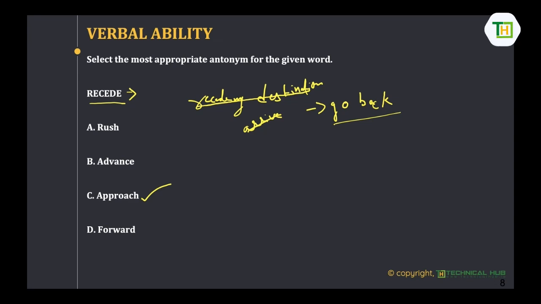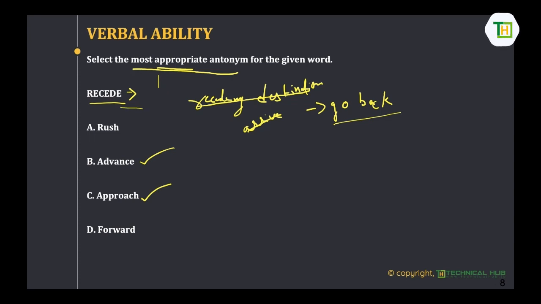Yes, Ravichandra, as you tell, advance is also an advanced word. To be honest, advance is also correct, but you have to choose the most appropriate antonym. If you type recede antonyms in Google, you'll get the word advance and also approach.